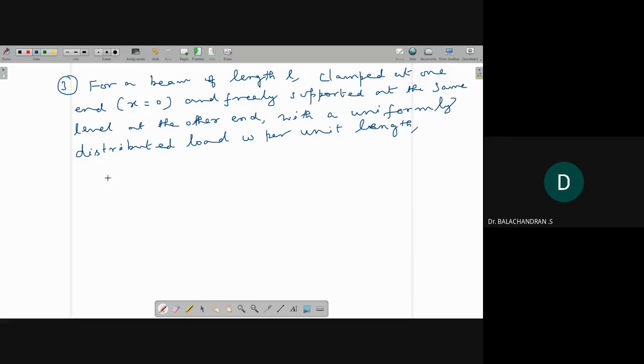it is known that EI d square y by dx square is equal to 1 by 8 omega L square minus 5 by 8 omega Lx plus 1 by 2 omega x square.